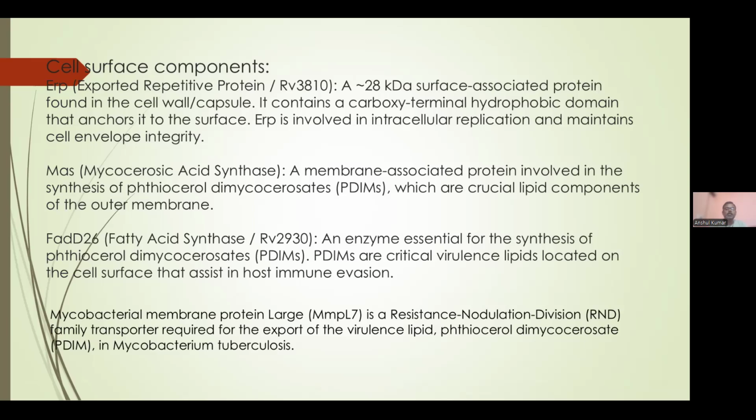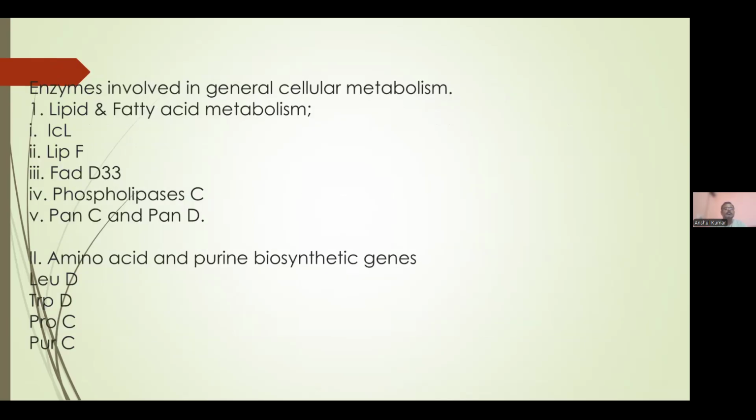PDIMs are critical virulence lipids located on the cell surface that assist in host immune evasion. Mycobacterium membrane protein large, that is MMPL7, is a resistance nodulation division family transporter required for the export of the virulence lipid phthiocerol dimycocerosate in Mycobacterium tuberculosis.